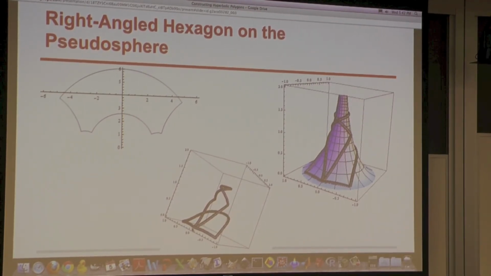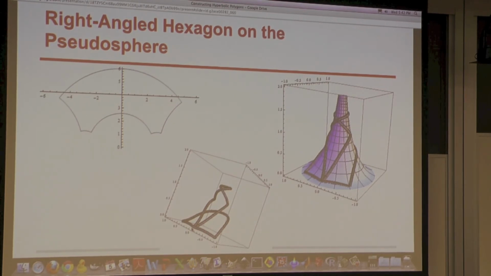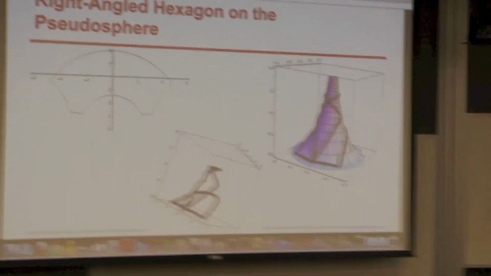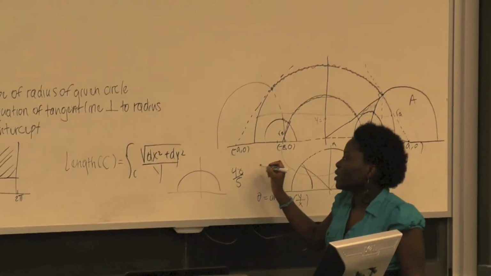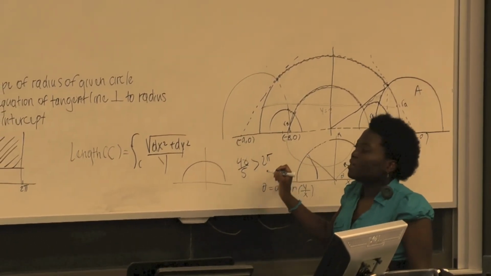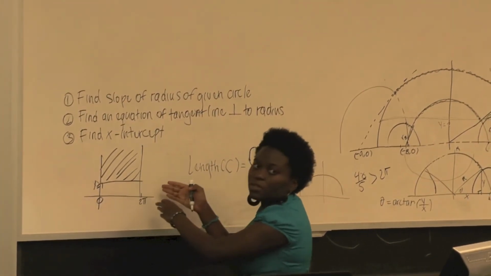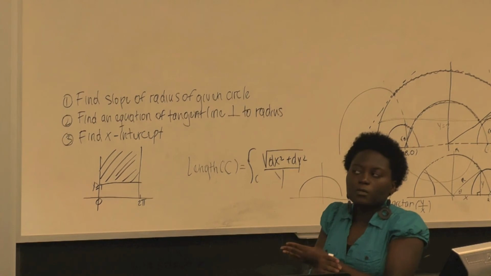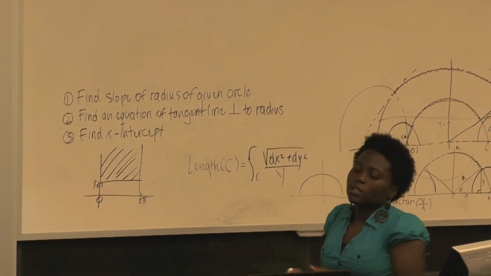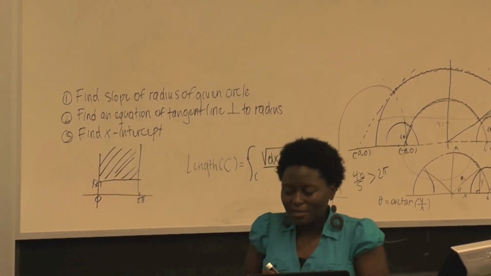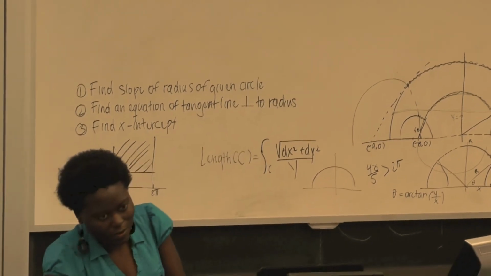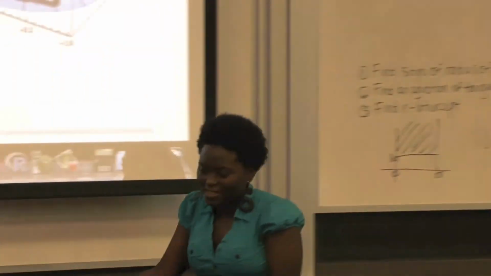The reason is that the distance between these 2 points turns out to be 48 over 5, and that's greater than 2 pi, and since the pseudosphere only takes into account the distance between 0 and 2 pi, it makes sense that it would overlap on the pseudosphere. I have the actual hexagon on the pseudosphere here, if anyone wants to see it.